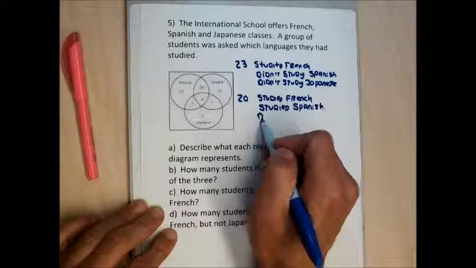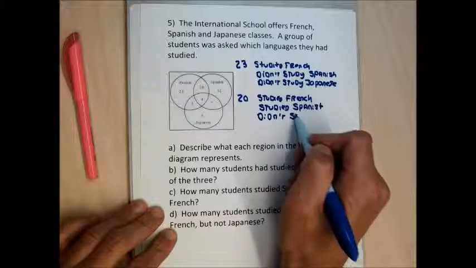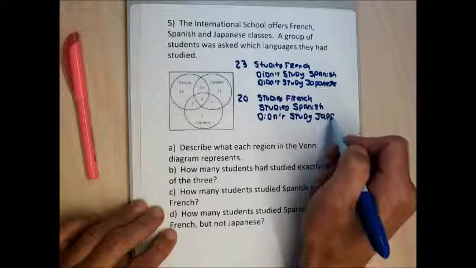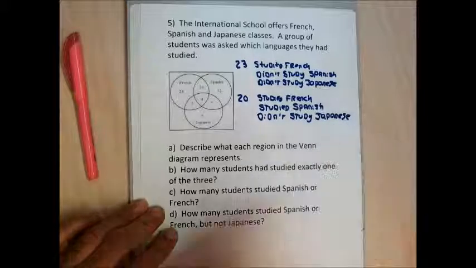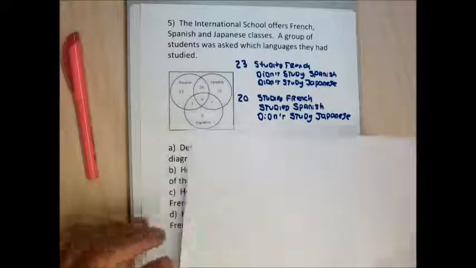And they did not study Japanese. You don't have to go in the same order, it's just the order that I generally go in. Kind of left to right, bottom to top to bottom.